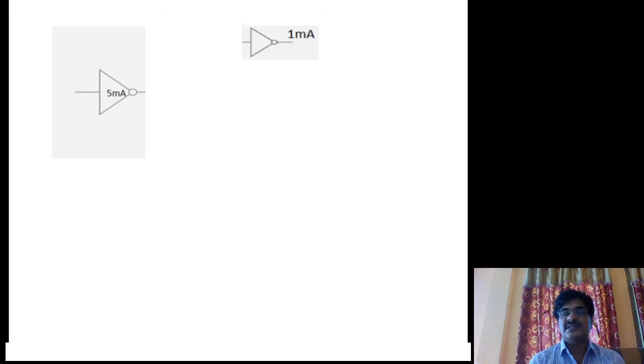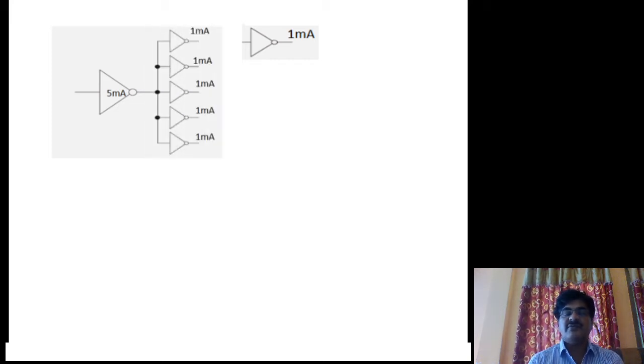So in this example, how many 1 milliampere gates can you connect at the output of the 5 milliamperes gate? You can connect only 5, because the first NOT gate can supply only 5 milliamperes of current. So you can connect only 5 but not more than 5. Hence the fan out of this 5 milliamperes NOT gate is 5 only.